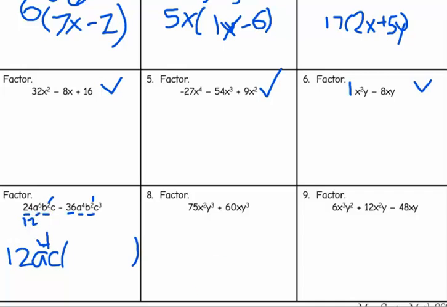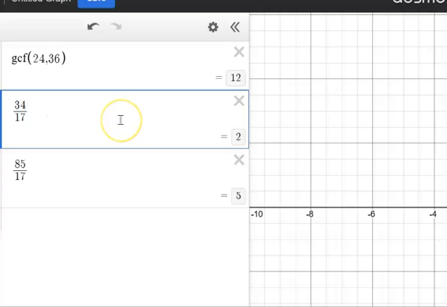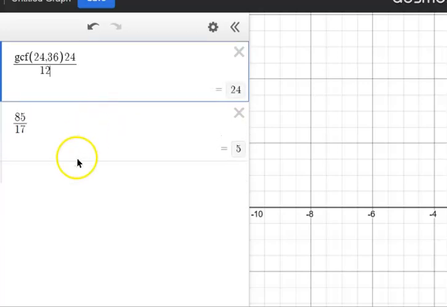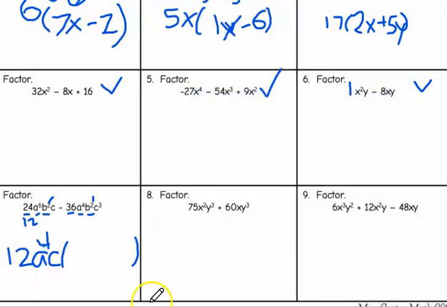Okay, so 24 divided by 12 is 2, okay? We'll put 2 right here. Alright, now we got to see how many a's we got left over for this one. So a to the 6, we took out 4 a's. So 6 minus 4 is 2.